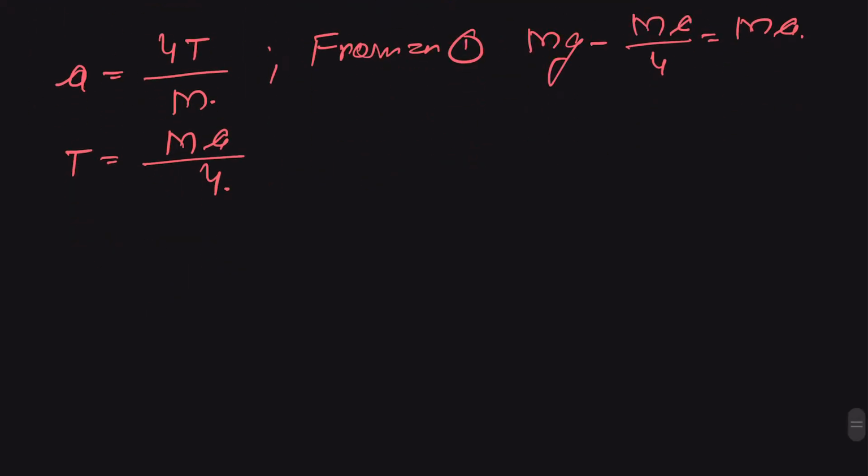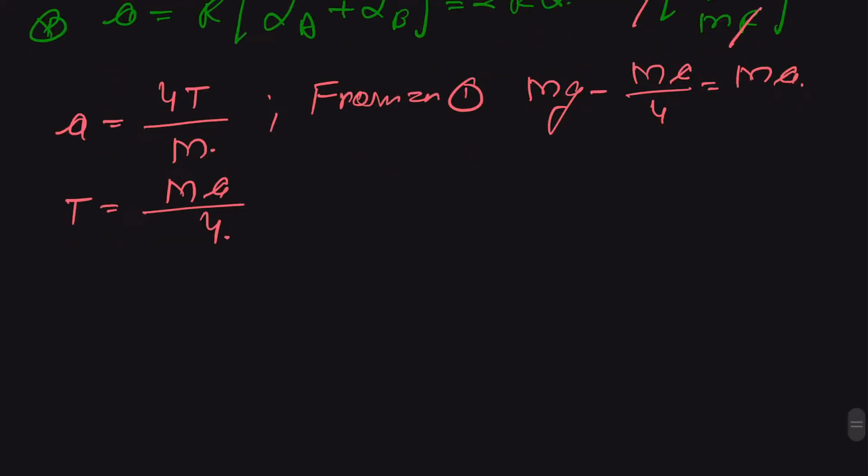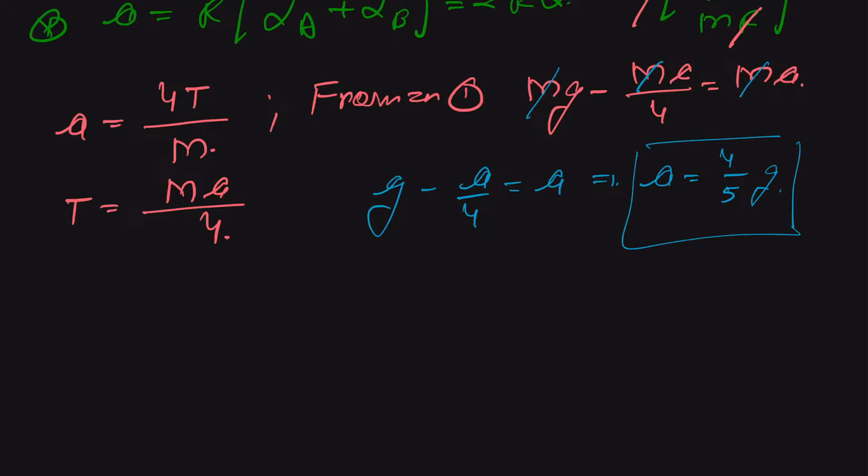Now this mass cancels out throughout, therefore we get g minus a by 4 is equal to a. So this gives us 1 by 4 plus 1, that is 5 by 4. Therefore we get a is equal to 4 by 5 times g. So this is the acceleration of our drum A.